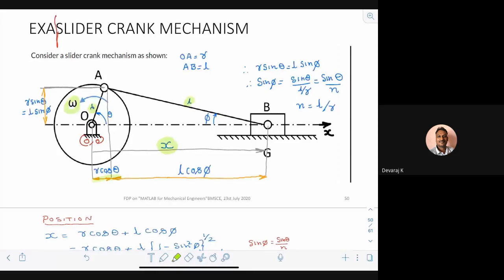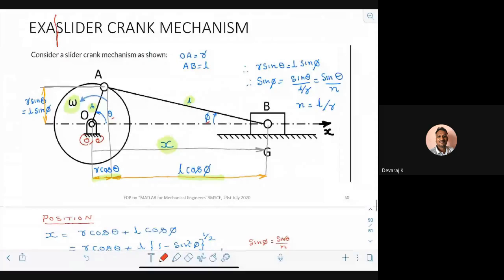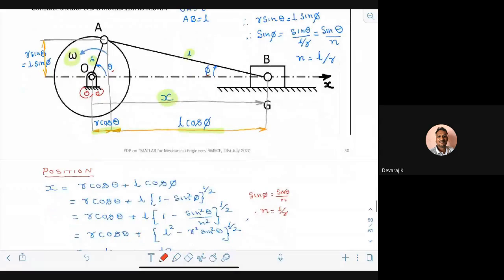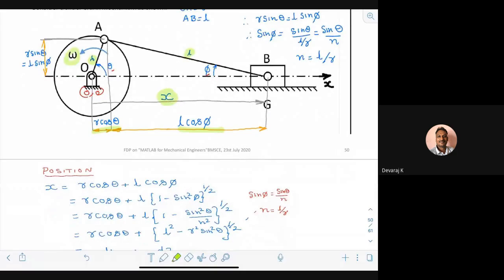Theta is the angle made by the crank and phi is the angle made by the connecting rod with the line of stroke. The horizontal component of the crank is r cos theta and the horizontal component of the connecting rod is L cos phi. So at any point of time, the equation for x is r cos theta plus L cos phi.